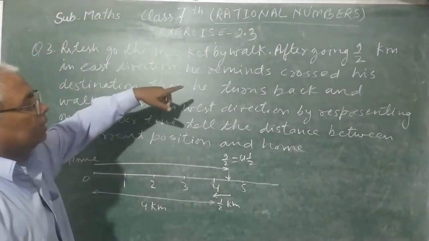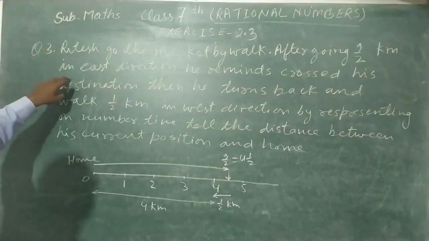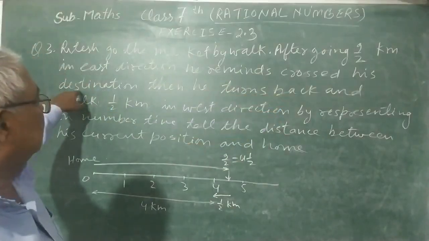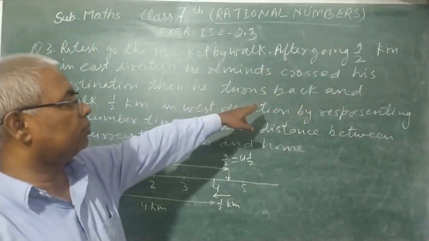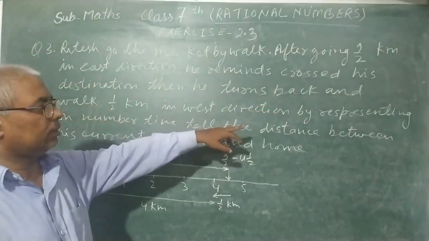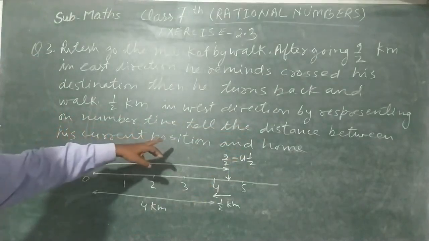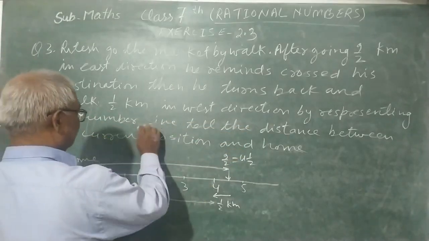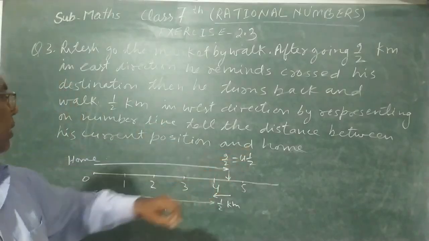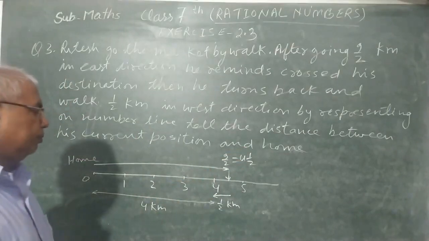Ritesh goes to the market by walking. After going 9/2 kilometers in the east direction, he crosses his destination. Then he turns back and walks 1/2 kilometer in the west direction. By representing this on a number line, tell the distance between his current position and home.